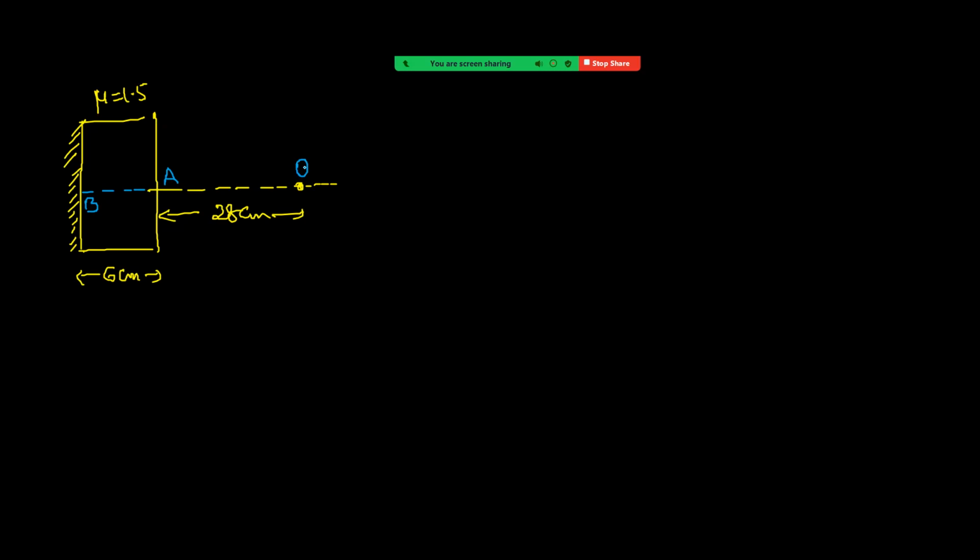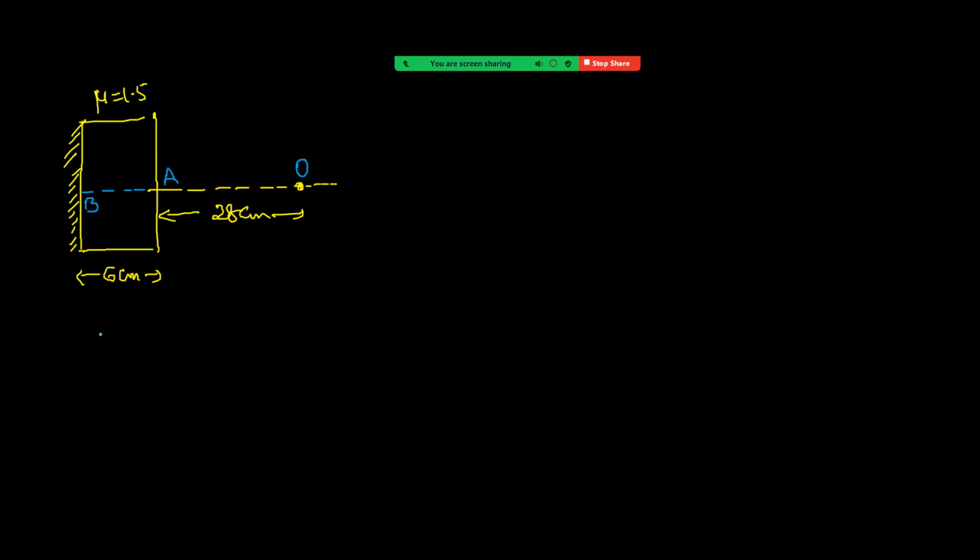Now this object is in air medium, entering into this slab medium. That means light rays travel from rarer to denser medium, right? In that case, this distance AO appears to be more than AO, and how much? It will be mu times.